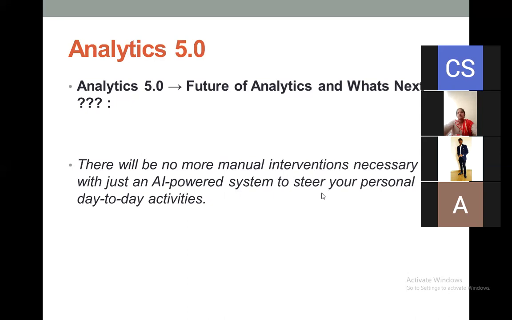They track your personal day-to-day activity, and automatically every day they give some information to the organization, and by using that the organization makes its decisions. So basically this is the future, the next generation. Nowadays most automated tools work toward this Analytics 5.0, but it is not currently used.